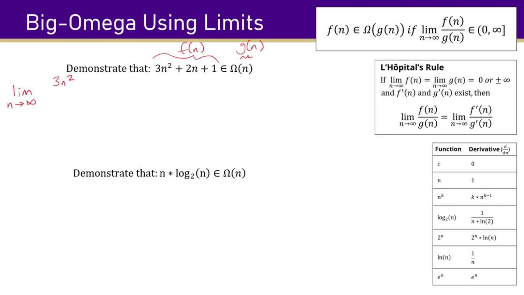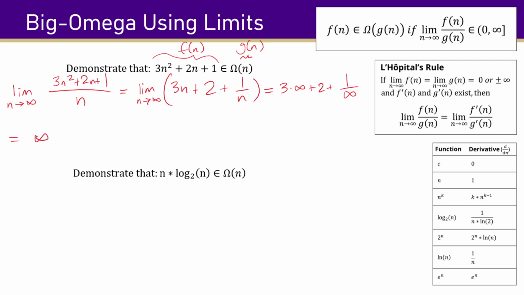f of n divided by g of n. And we'll go ahead and divide each of those upper terms by n, giving us 3n plus 2 plus 1 over n. And if we substitute infinity, that is going to give us 3 times infinity plus 2 plus 1 over infinity, which is, of course, just going to be infinity plus 2 plus 0, which is just going to be infinity.